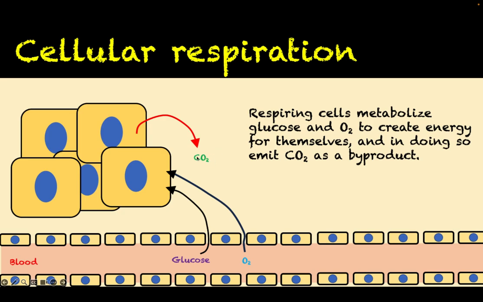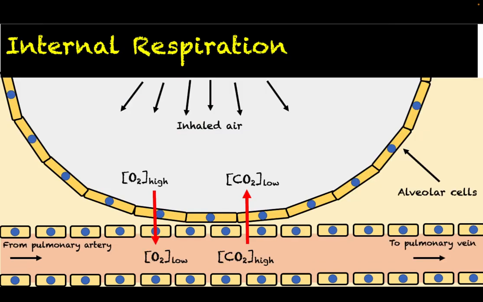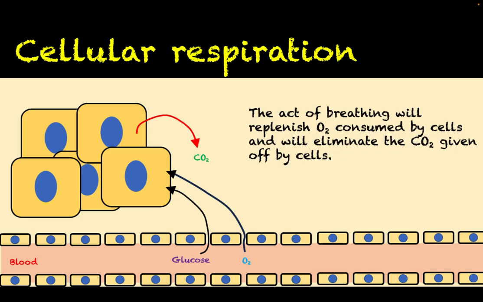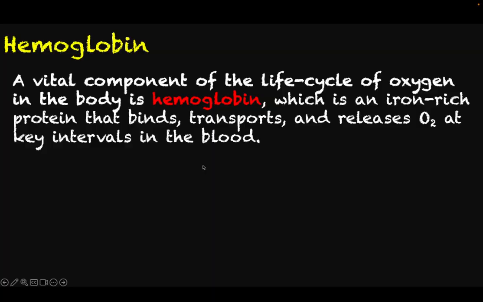That carbon dioxide will then enter the blood, and that now low oxygen, high carbon dioxide blood will eventually make its way back to the lungs, and that will again necessitate this exact process. So the very act of breathing is going to replenish the blood with oxygen that is consumed by these respiring cells and eliminate the carbon dioxide that is given off by these cells.